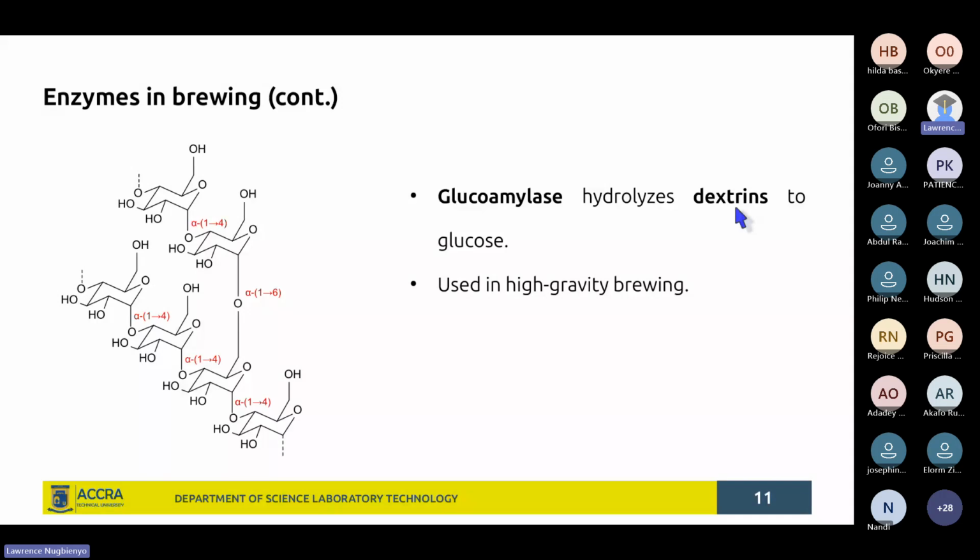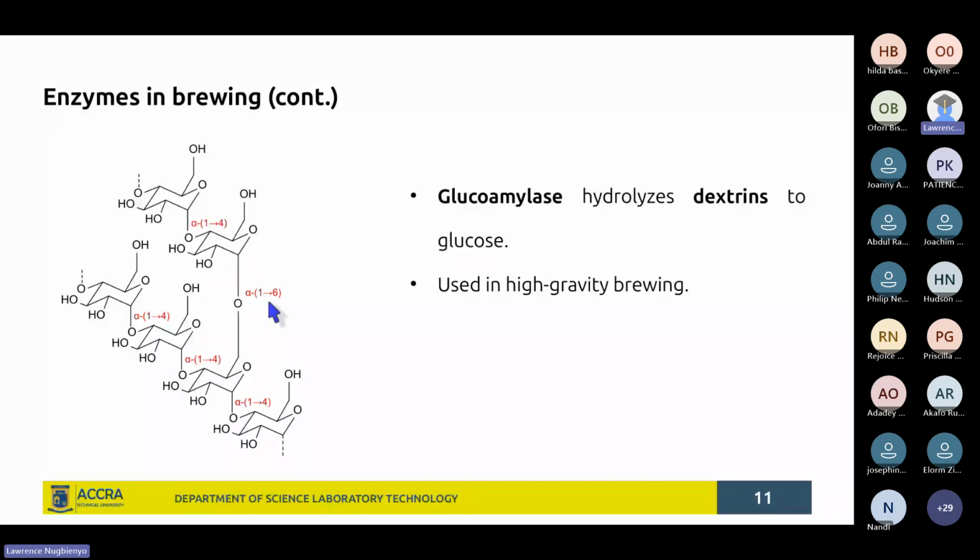And in dextrins, you have this branched chain polysaccharide, where you have the 1,4 glycosidic bonds in addition to 1,6 glycosidic bonds.